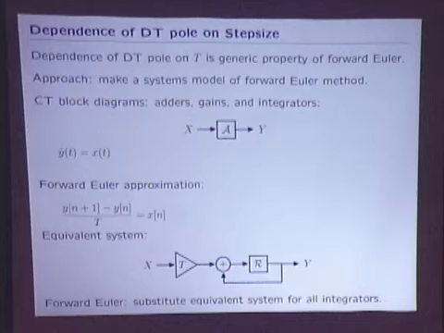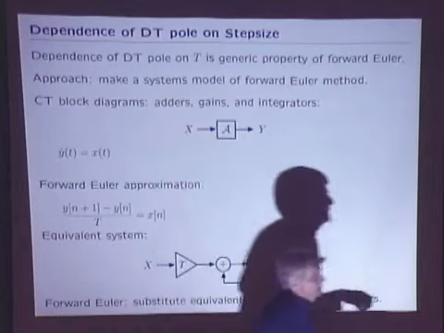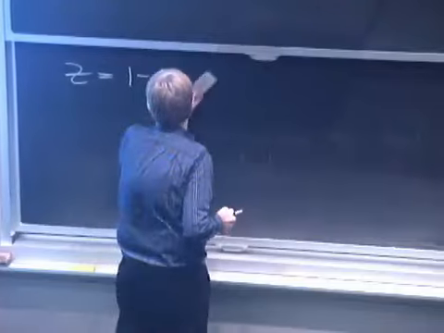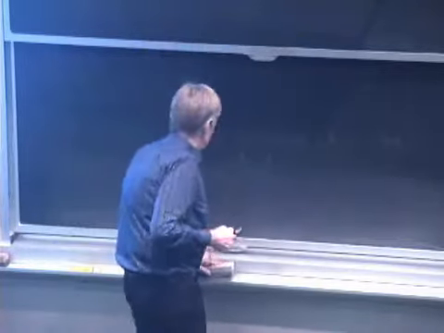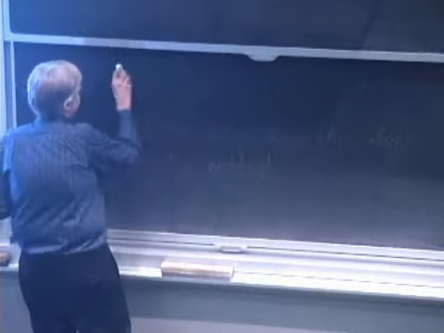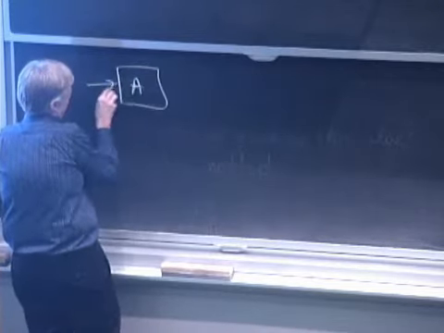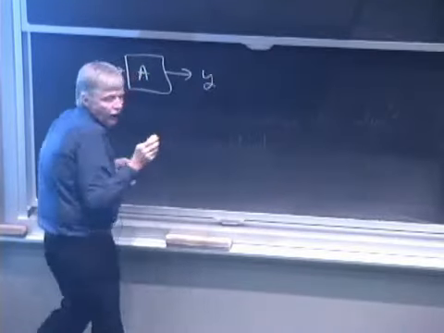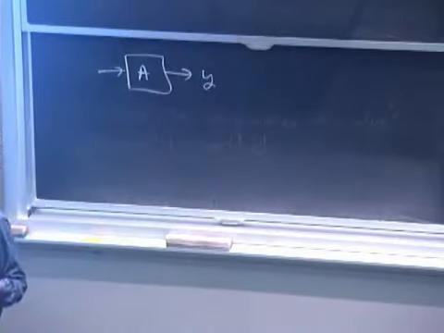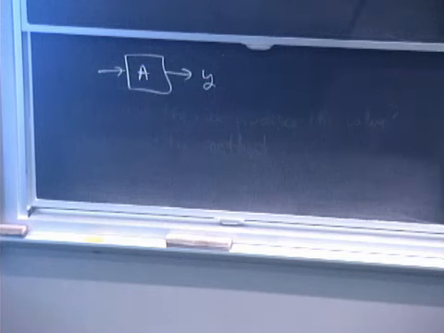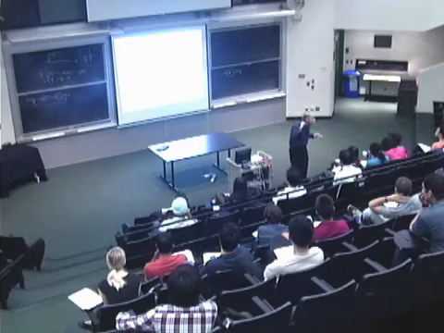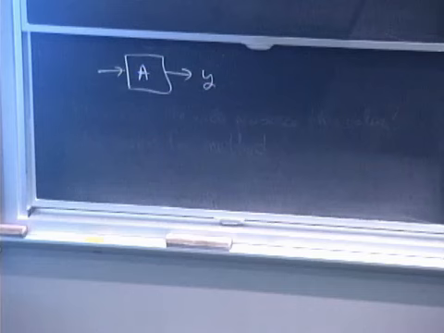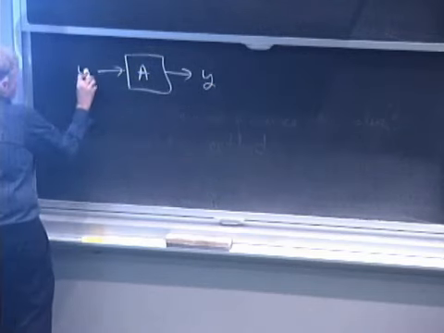So the point is that there's an A there. The Euler forward relationship tells me how I can figure out a DT representation for the A function. So let's think about what A is. A is a thing that, in CT, if the output of A is y, what's the input to A? It's the derivative. So the input we would want to call y dot.